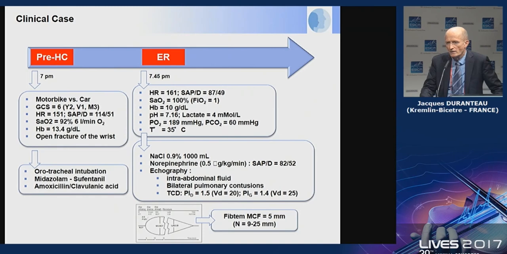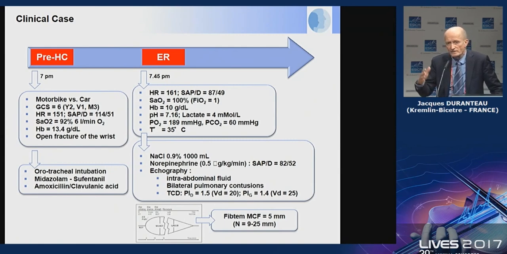Maybe. There was a trial on vasopressin in the UK, but they stopped it because they had a problem including patients. But they showed that they were able to decrease the quantity of fluids that they had to give. And it was not possible to conclude on mortality because there were not enough patients.